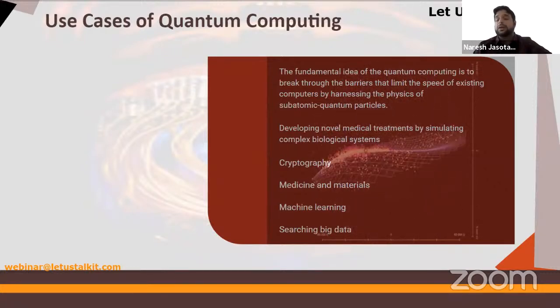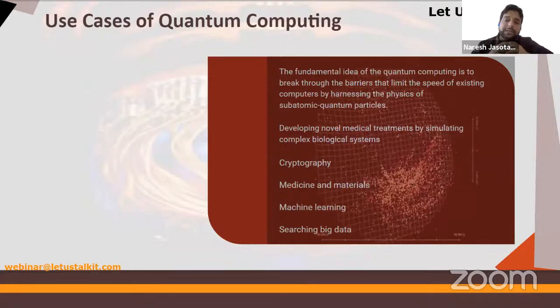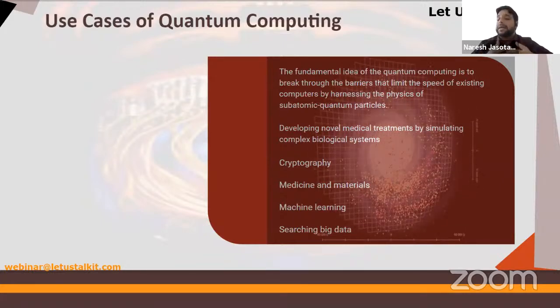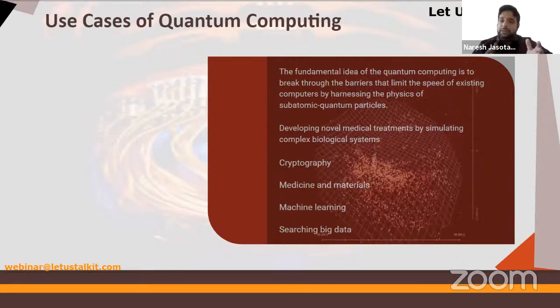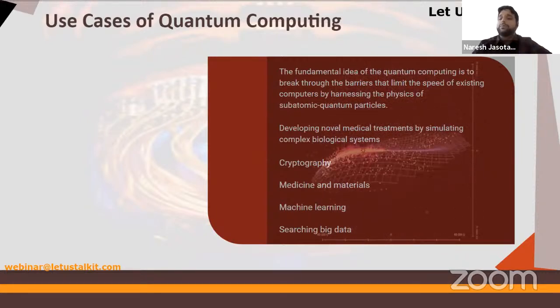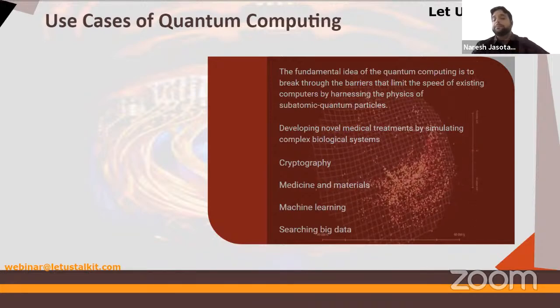Various use cases of quantum computing include, but are not limited to, cryptography and security. The most modern security protocols are broken by quantum computing, so those are not even secure once you talk about quantum computing. Also medicines and materials, machine learning and big data.